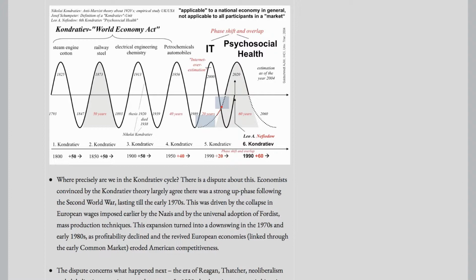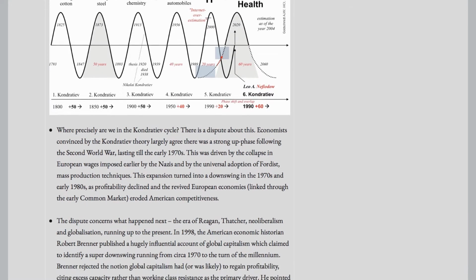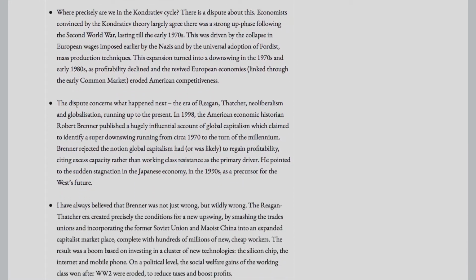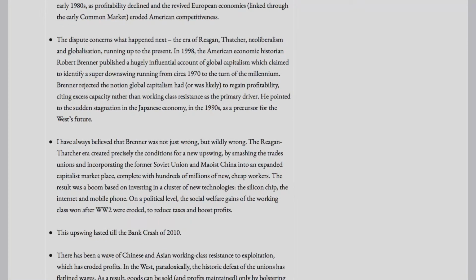This was driven by the collapse in European wages imposed earlier by the Nazis and by the universal adoption of Fordist mass production techniques. This expansion turned into a downswing in the 1970s and early 1980s as profitability declined and the revived European economies, linked through the early common market, eroded American competitiveness.